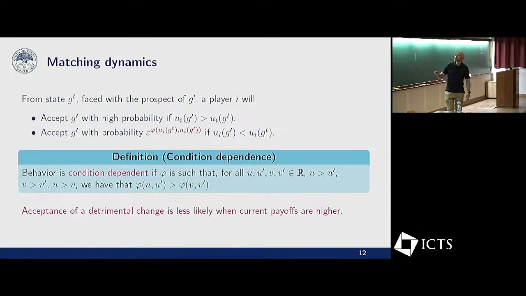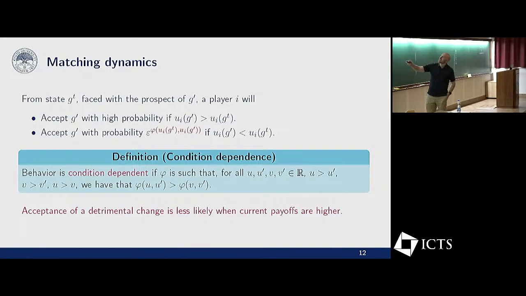Or with probability, if it's bad for them, like you said, if it's possibly getting together with someone who's worse than your current partner, or worse than being single if you're currently single, you accept it with a probability.